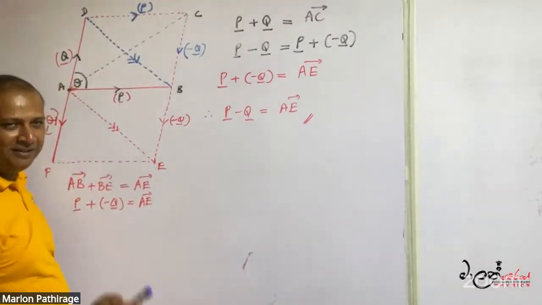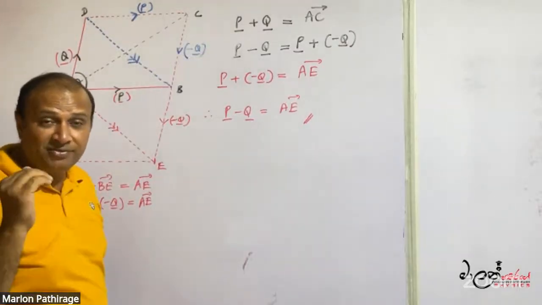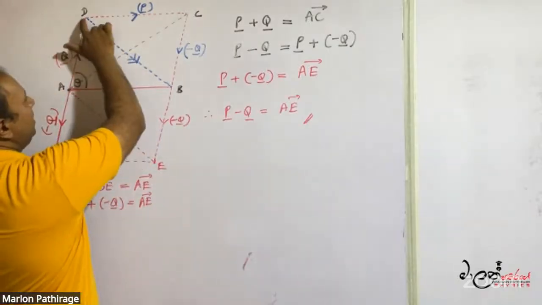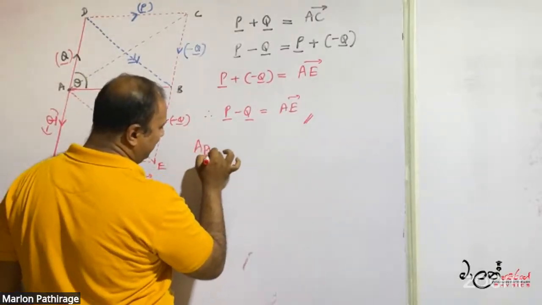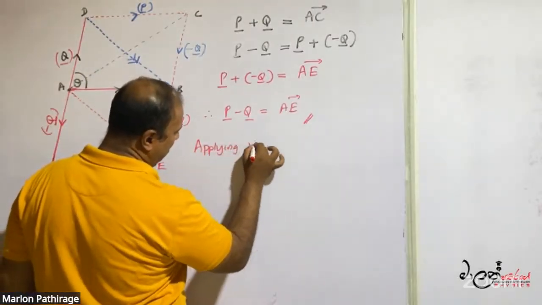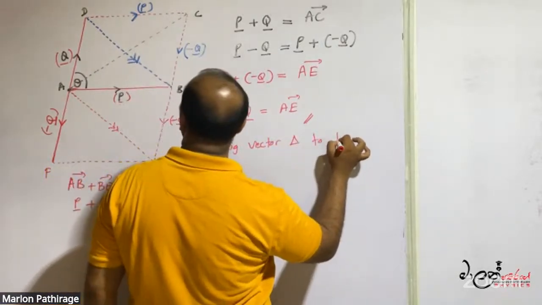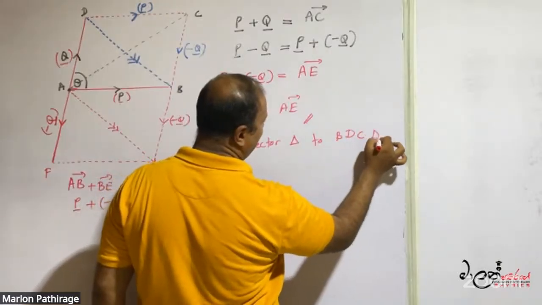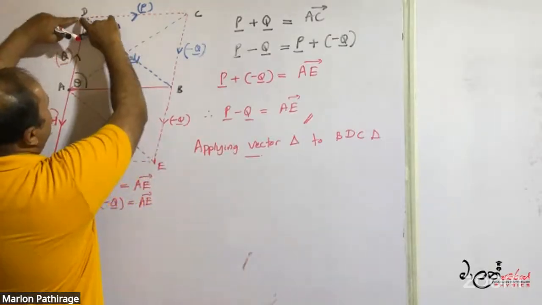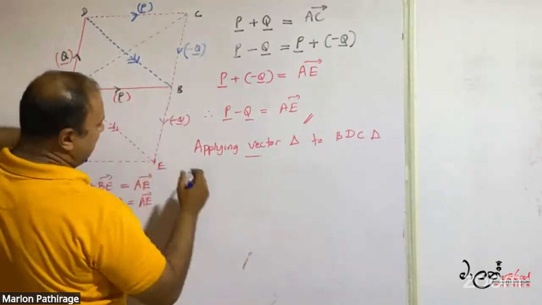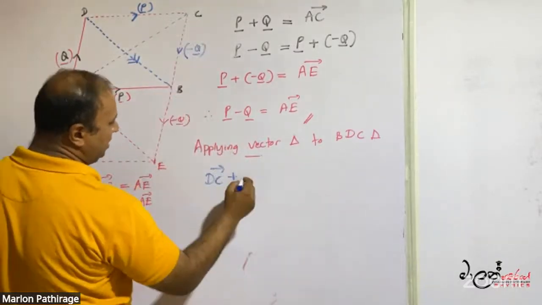Therefore, look at this one. If I apply the vector triangle principle to the BDC triangle, then I can say DC vector plus CB vector.